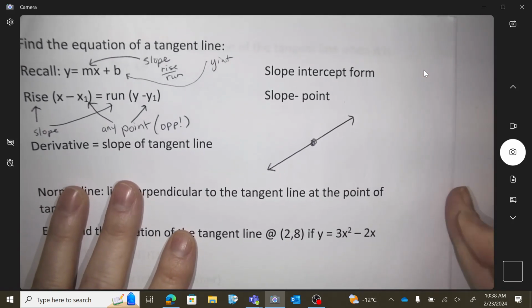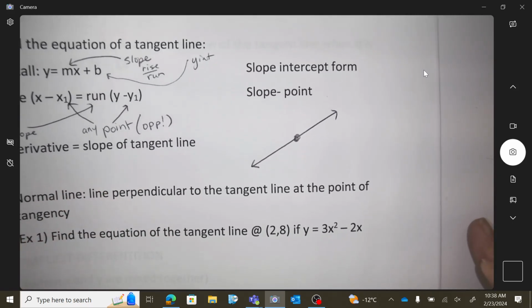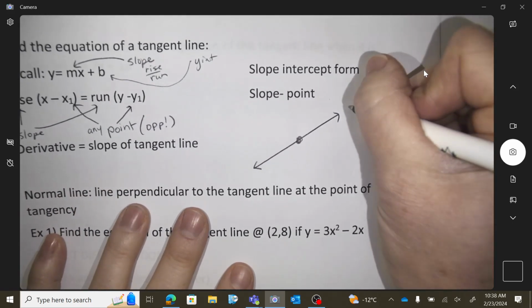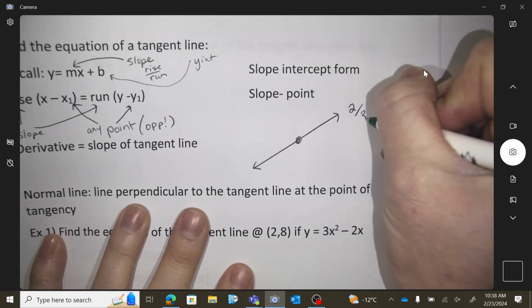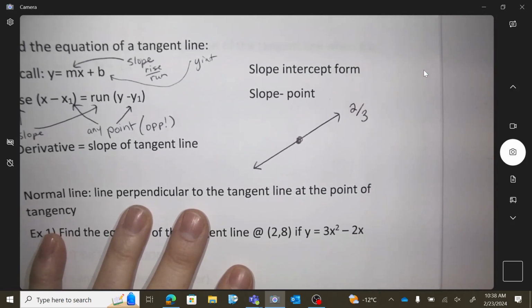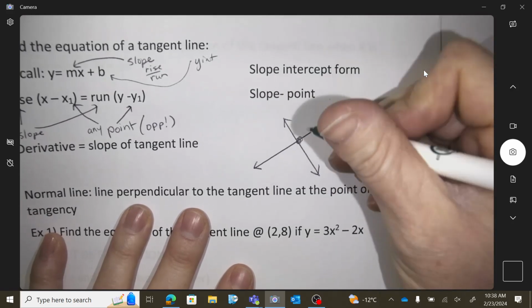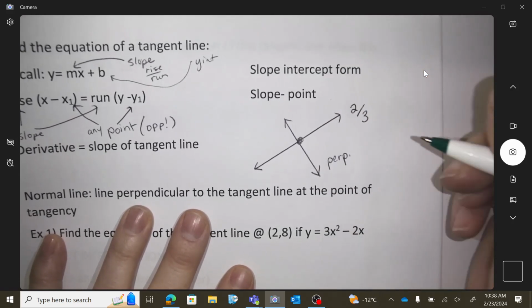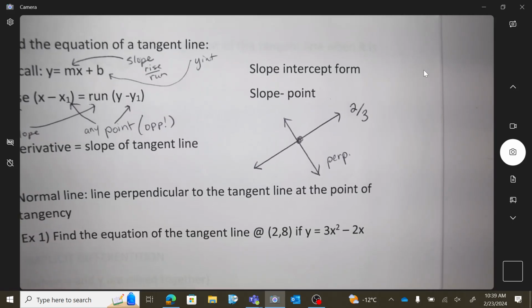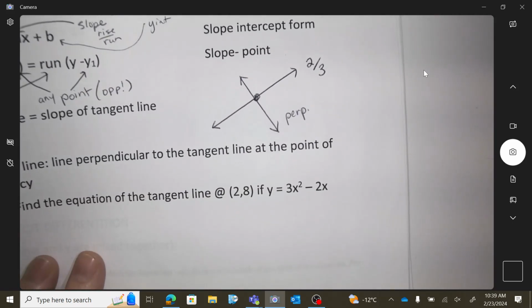Everybody knows what a tangent line is, touching one spot. If the slope of this is, let's say, 2/3, do you know what the slope of a perpendicular line would be?